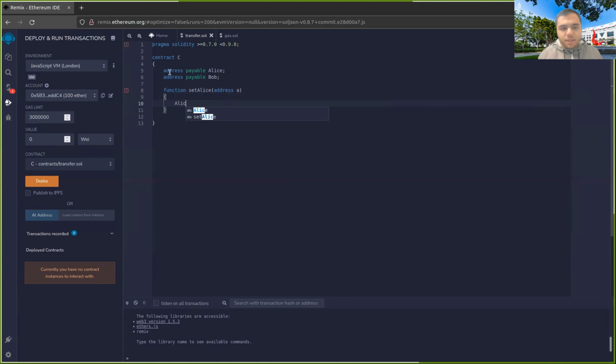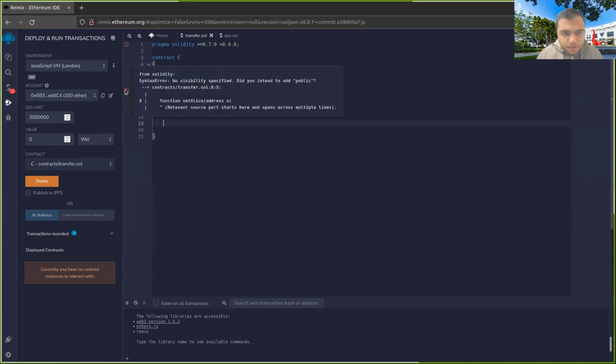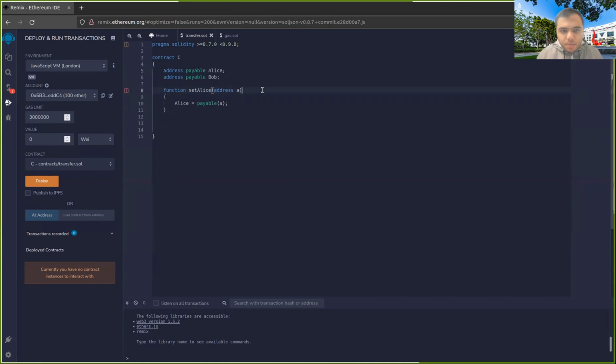What it does is that it just puts it into Alice. Let's say I have a function called setBob that just gets another address and sets Bob to be that address.